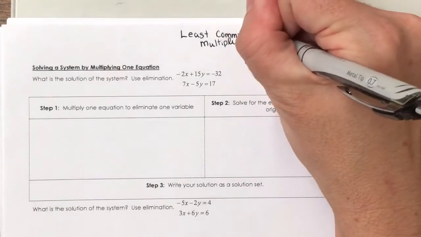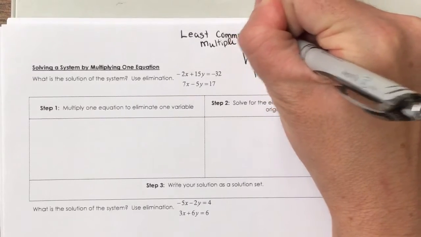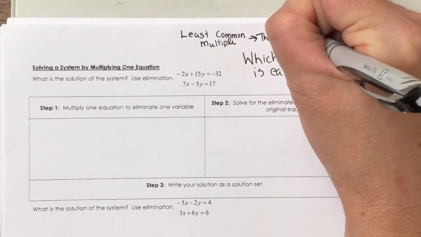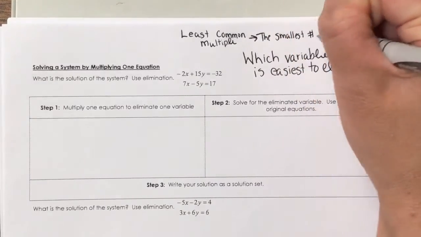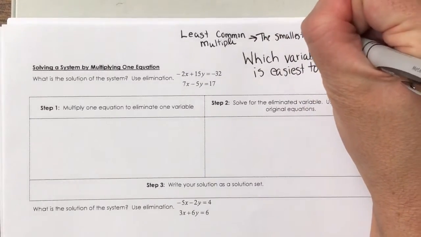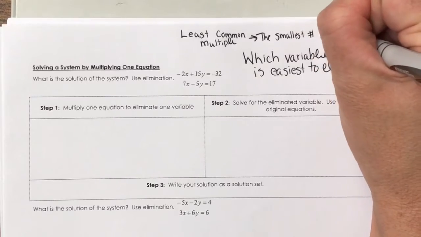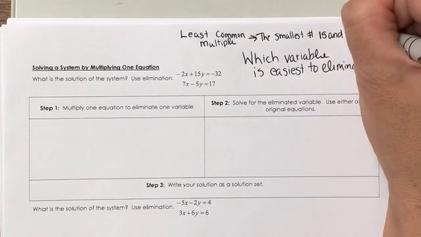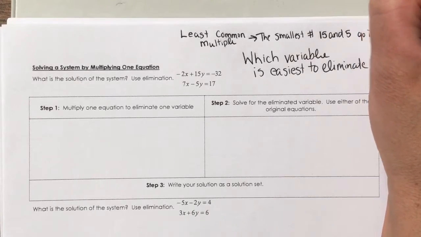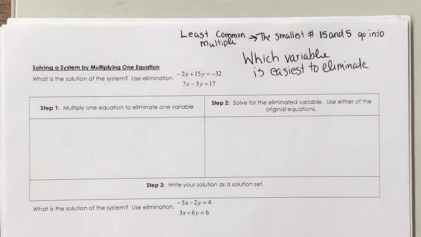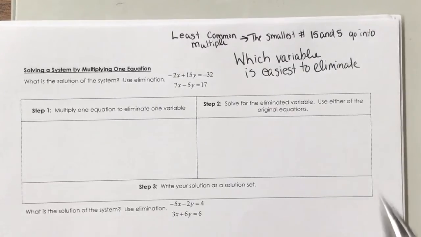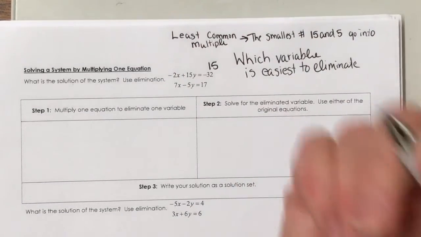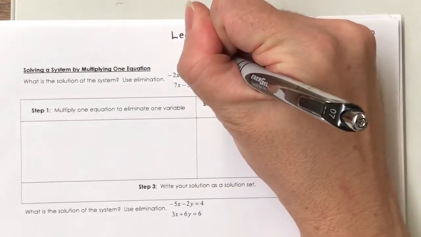The smallest number that 15 and 5 go into. Well, 15. So 15 is my least common multiple.